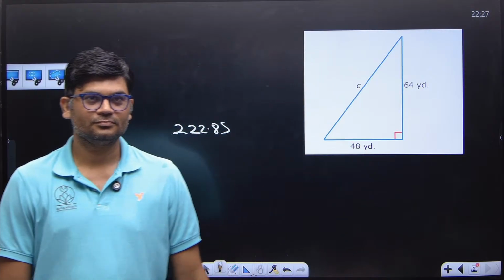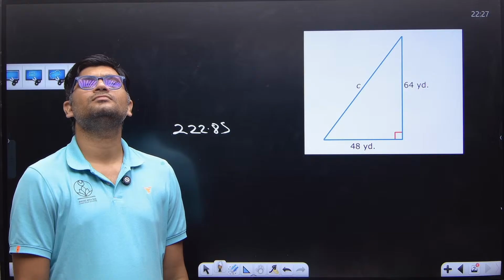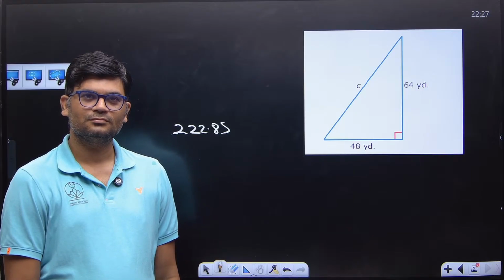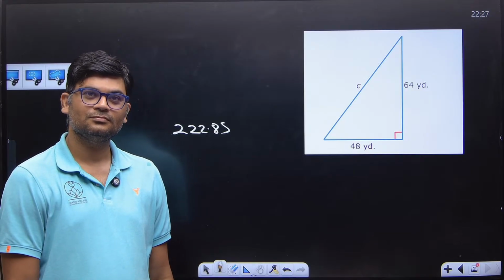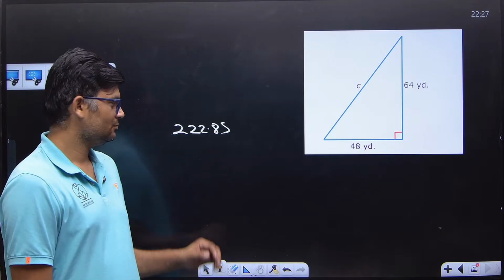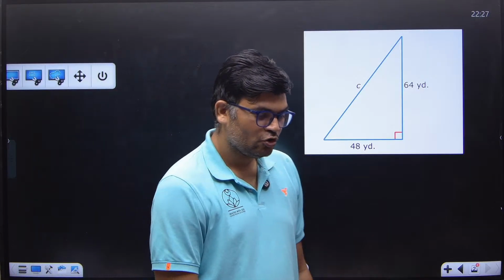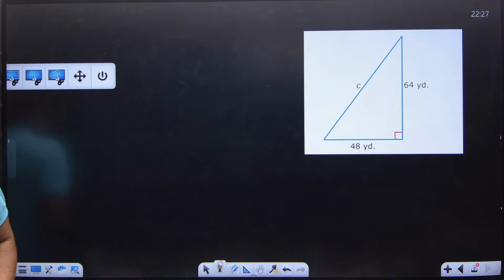I found the square root of... I should not have done that. Wait, I can figure it out. Okay, I'm waiting. No hurry, take your time. Think, think and do.